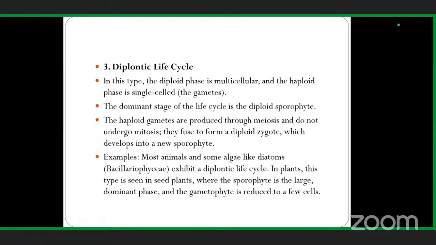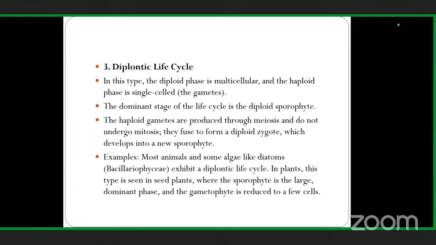Next is the diplontic life cycle. Here the diploid phase is multicellular and the haploid phase is a single cell. It is totally opposite to the haplontic life cycle. Here the dominant stage is the diploid phase, meaning the sporophytic stage. The haploid cells are produced from meiosis and do not undergo mitosis. They fuse to form a diploid zygote.